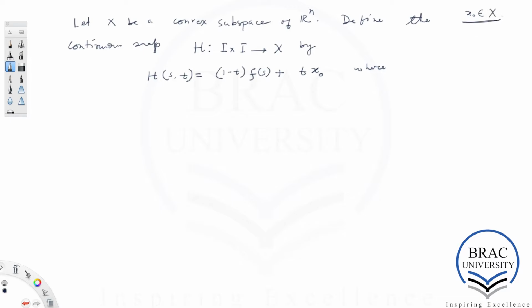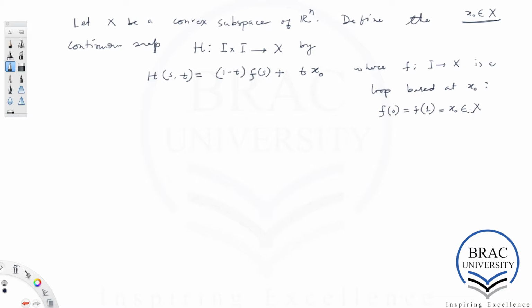Here f from I to X is a loop based at x0, and from the definition of a loop based at a certain point, we know that f(0) is equal to f(1) is equal to x0, a point in X.